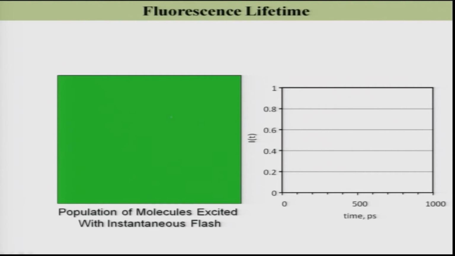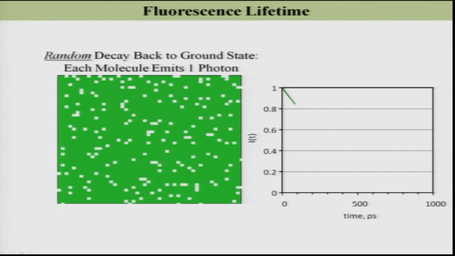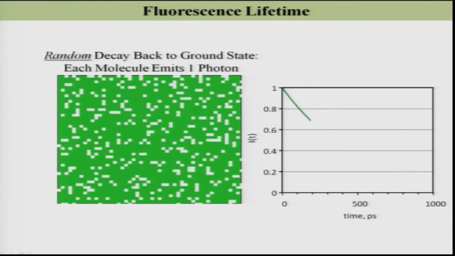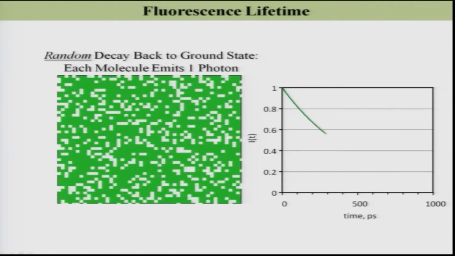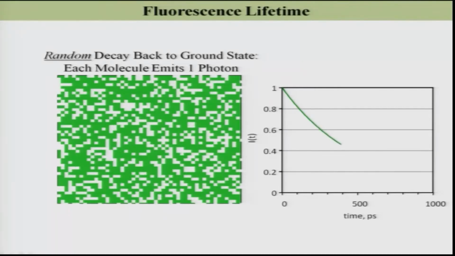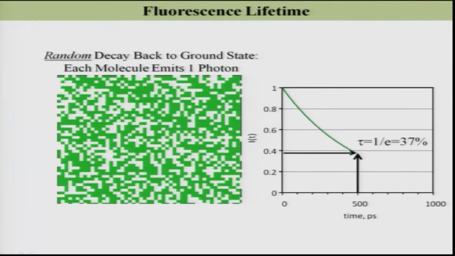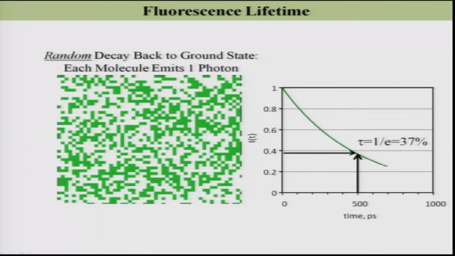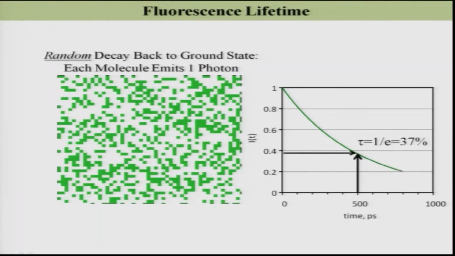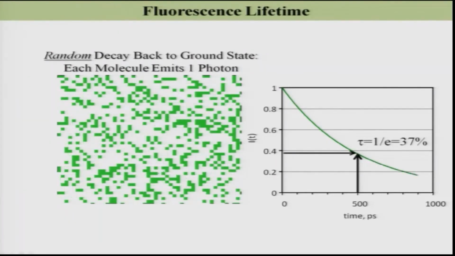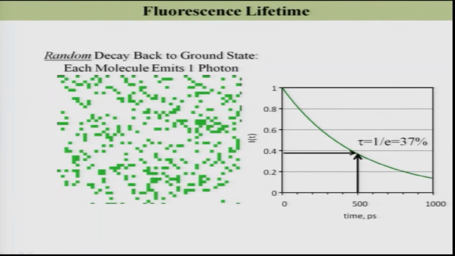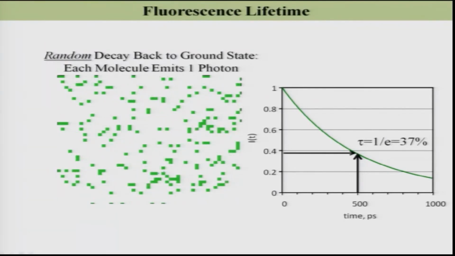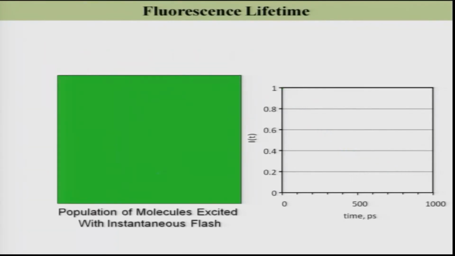As I have tried to show you by this animation, this molecule was in the excited state, now it has become ground state. Green means excited state, white means ground state. So, it is a random process. Let me run it again.